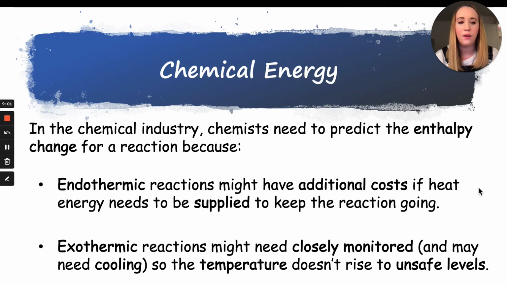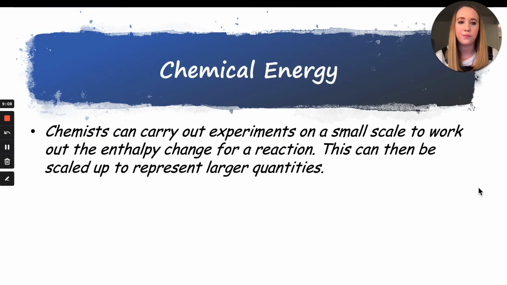Now, as we said, we need ways of predicting the enthalpy change. So there's different ways we can do this. If you've got a huge industrial process involving tons and tons of chemicals, you don't want to have to use all those chemicals in order to work out what the enthalpy change will be. So what chemists will do when they're designing a process is they'll do a small scale experiment.